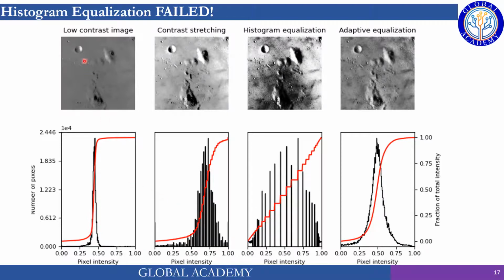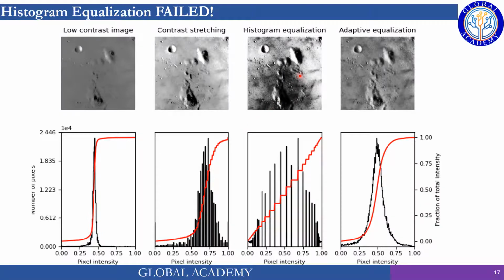The image on the leftmost position is the original image, which is definitely a low contrast image, and it is clearly depicted in its histogram, which is very narrow in its width or distribution. And next is the contrast stretched image using histogram specification or some arbitrary cumulative distribution.